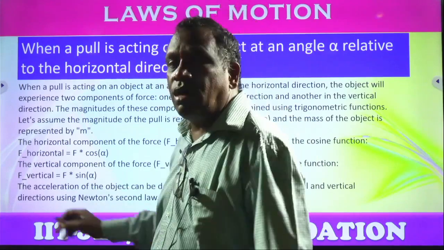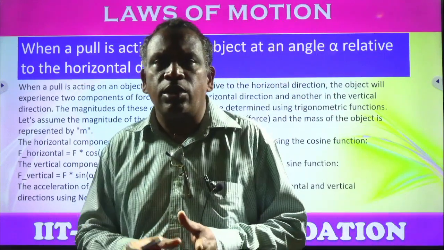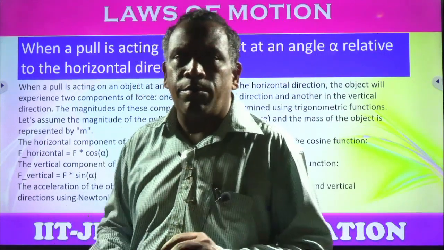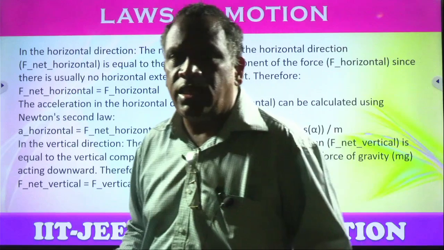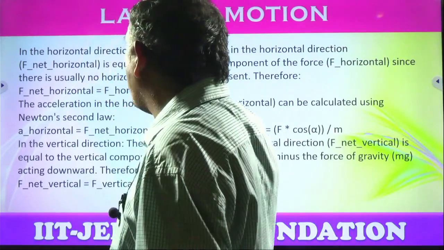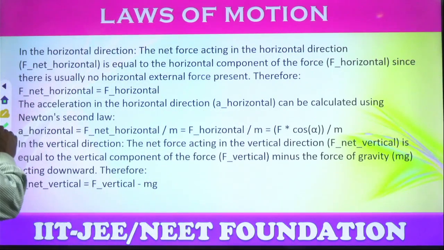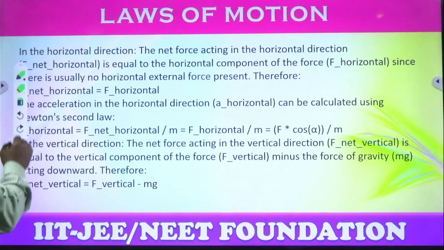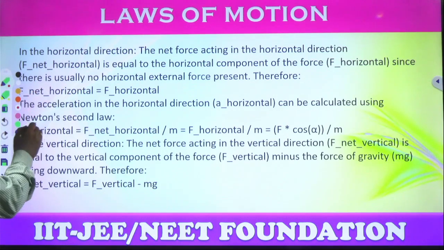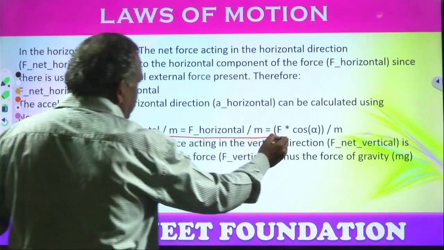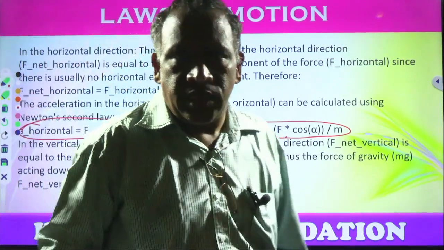The acceleration of a body can be determined by separating into two components, horizontal and vertical. The horizontal component of acceleration is F cos alpha upon m. Acceleration is also a vector quantity, like force.